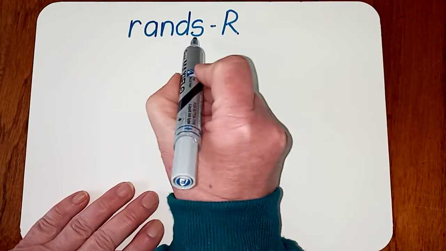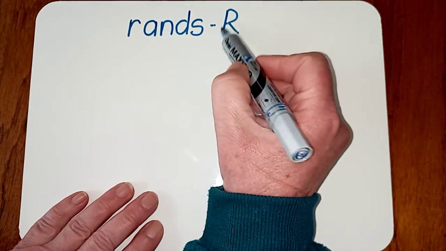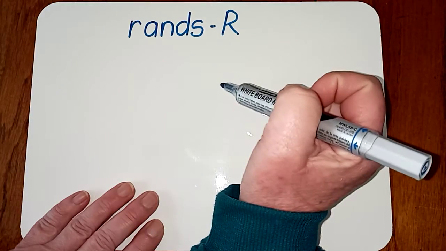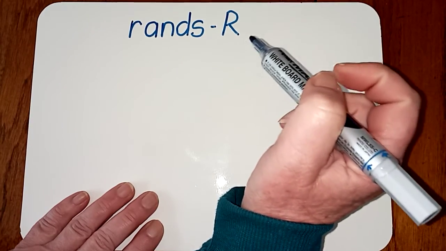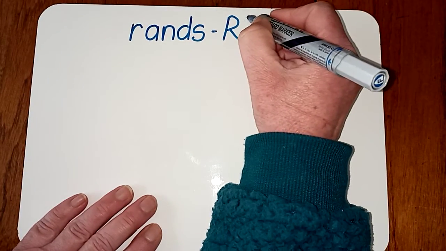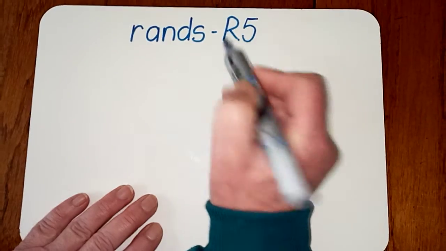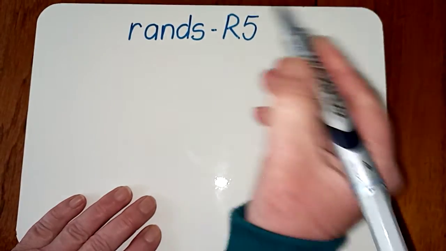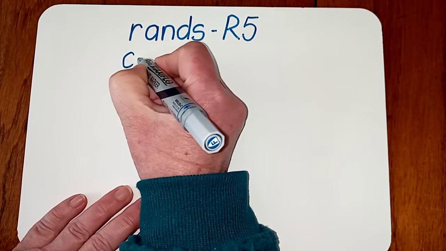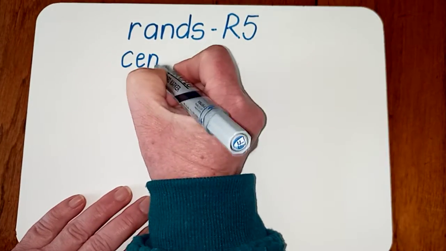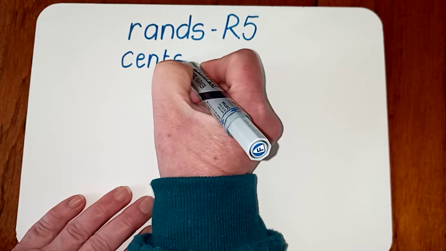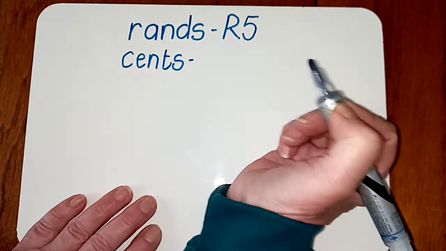So when we're talking about rands, we have a capital R in the front of the number. So if it is 5 rand, it would be R5. Right, and then we also have cents. We don't have that many cents anymore.